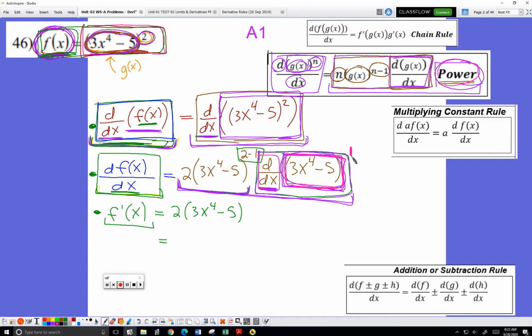Doesn't mean you can't, but I would highly recommend against it. There's just a better way. It's easier, quicker, faster. So even though the power rule would work, because this is some function to a number, I'm not going to use the power rule. Instead, I'm going to use this one down here, this add subtract rule.